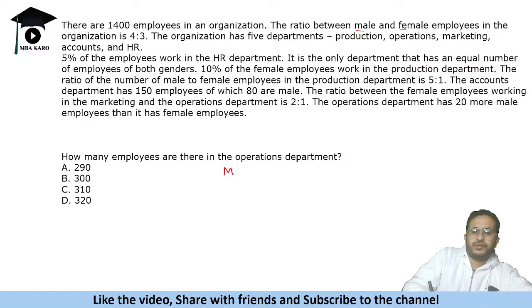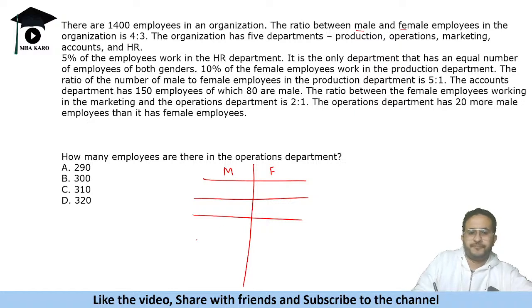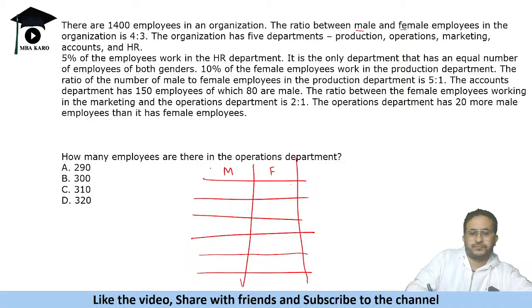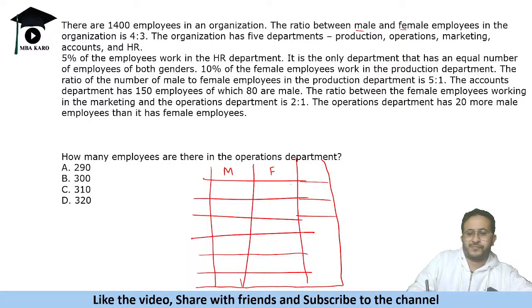So draw like this: male, female, 5 departments, and the total. So these are production, operations, marketing, accounts, and HR.